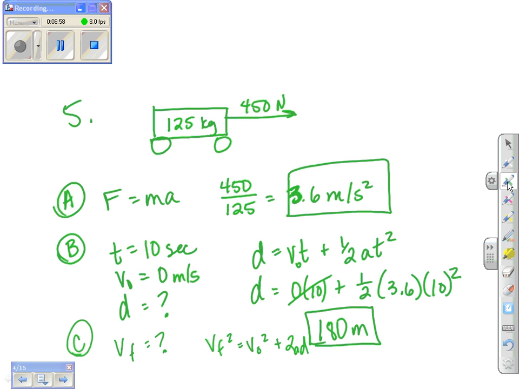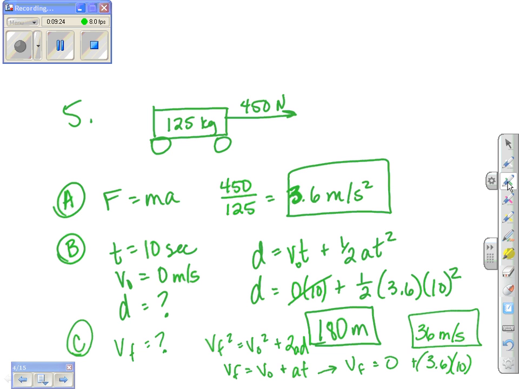We could also do our VF equals V naught plus AT. Either way, it's going to work. So if we say our VF equals 0, I like this one better, it's easier, plus 3.6 times my 10, then my speed should be 36 meters per second at the end of 10 seconds. So that would be your A, B, and C answers. All right, moving on.